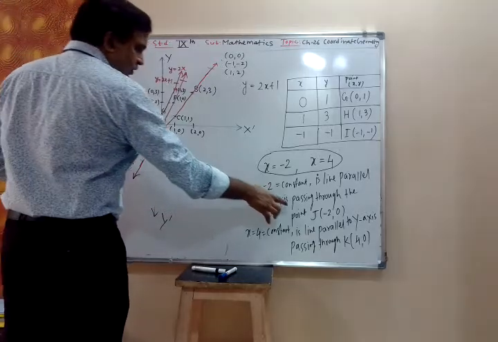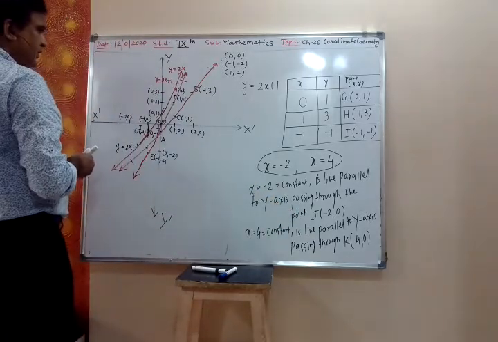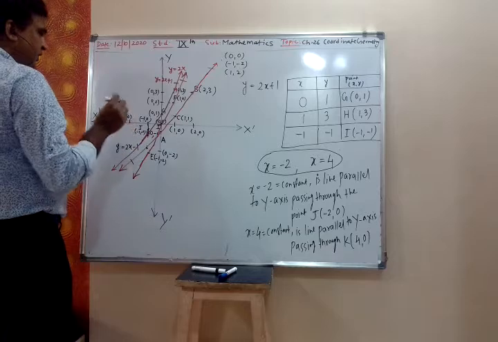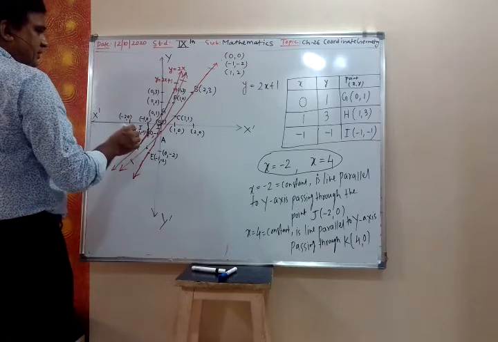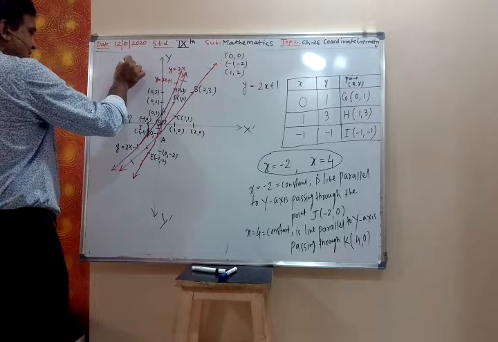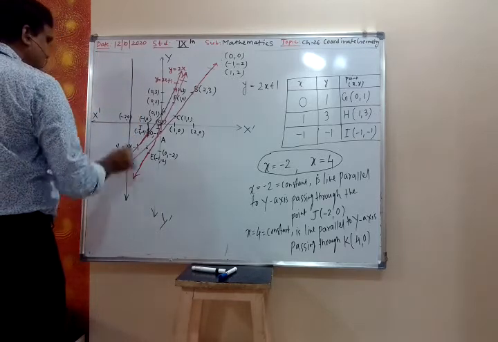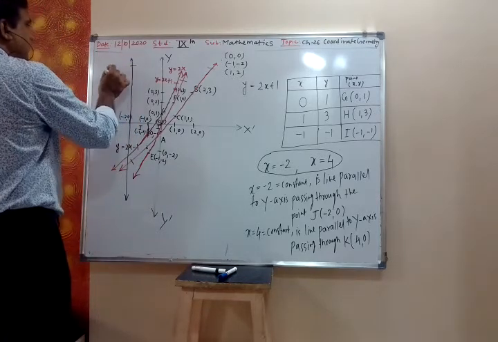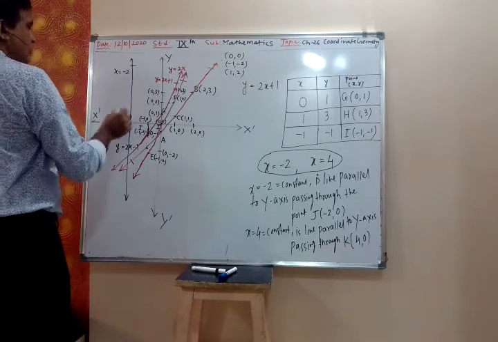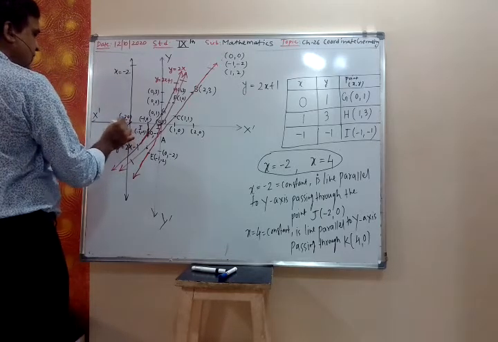The graph will be proper. X is equal to minus 2 is this line, parallel to y-axis, passing through minus 2, 0. This is my line x is equal to minus 2. Minus 2, 0 is my point J.